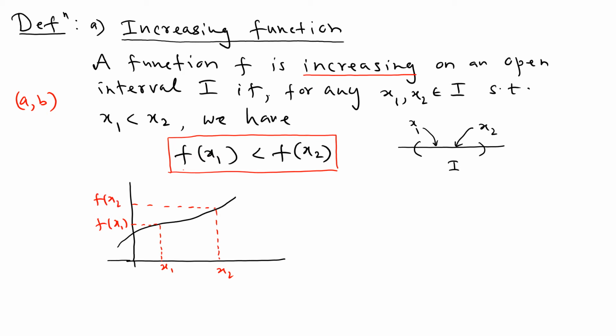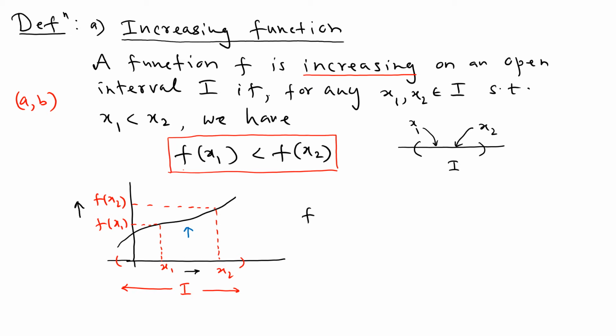In this case, this is the interval you are talking about, the open interval, so that's I. And you can see that as the x value increases, the function value in this case increases as well. So we can draw an arrow like that just to mean the function increases here. That's what it means. It's very simple. x goes to the right and then y increases.